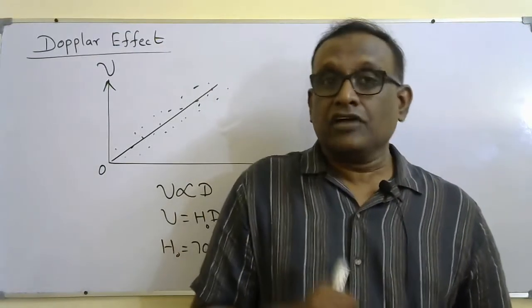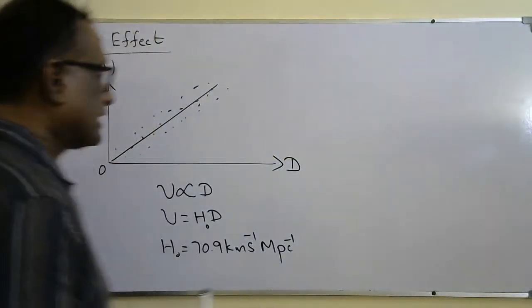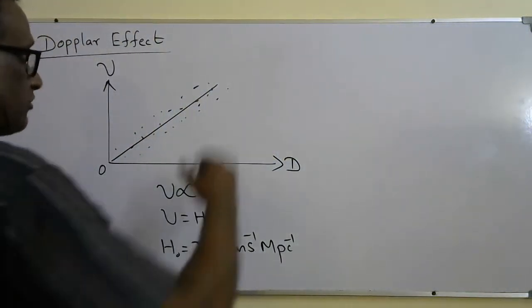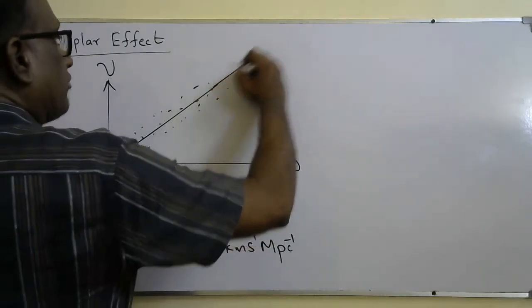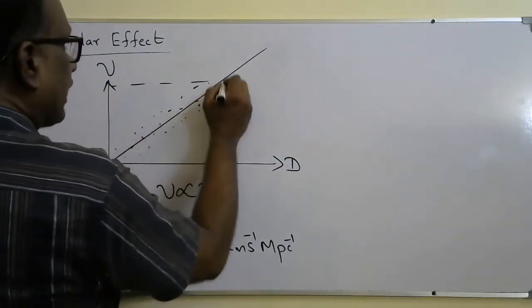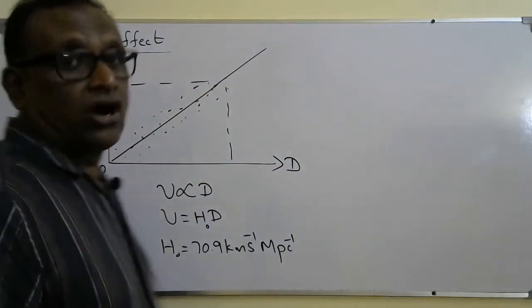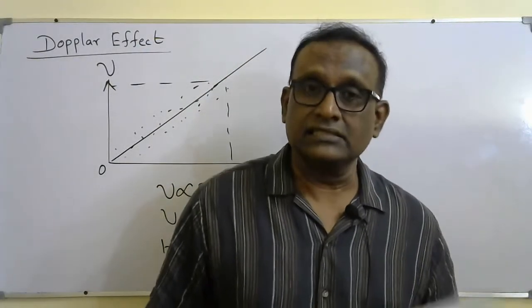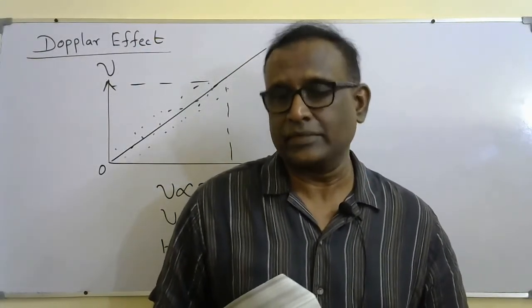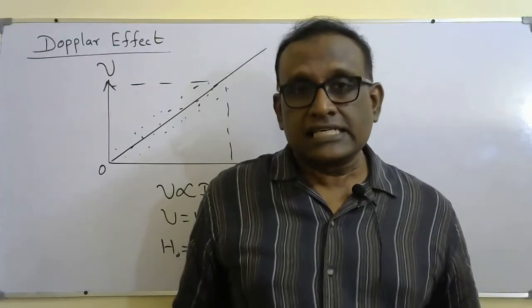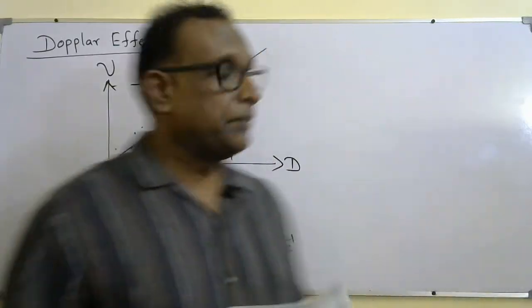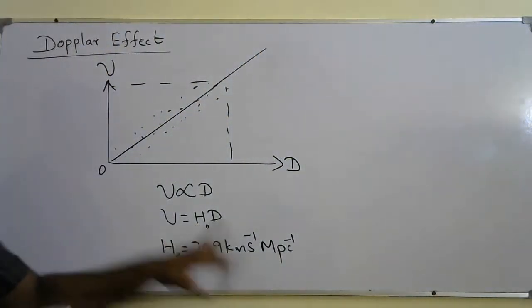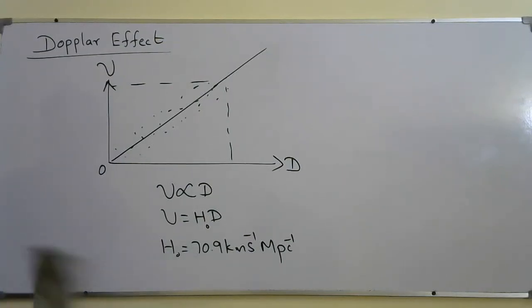So from that, find the speed of recession of the galaxy. If you know the speed of recession of the galaxy, you can extrapolate this graph. So from that, you can find the distance of that galaxy which is more than 50 megaparsec. But there will be large uncertainty in that distance because Hubble constant has larger uncertainty.